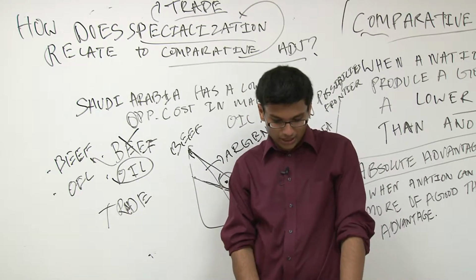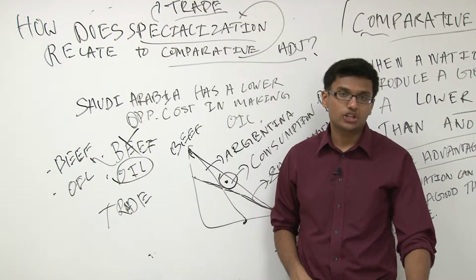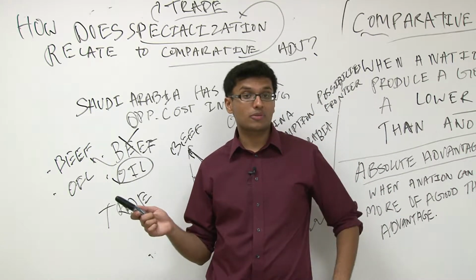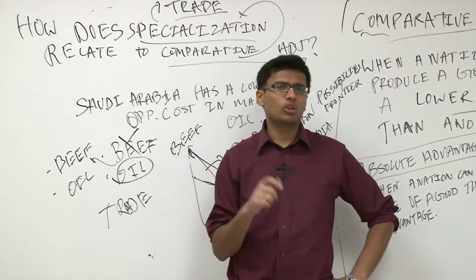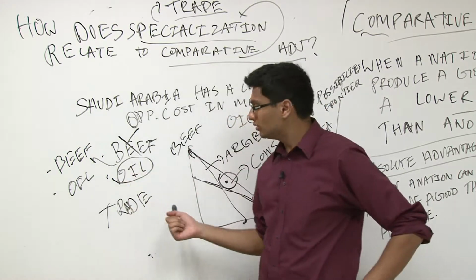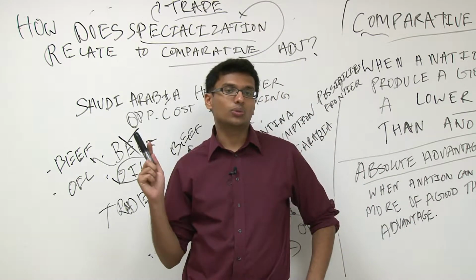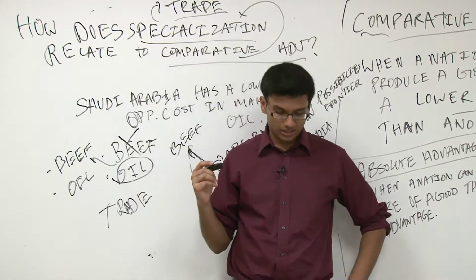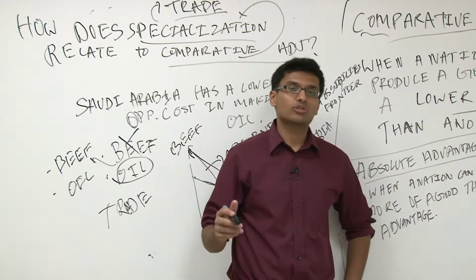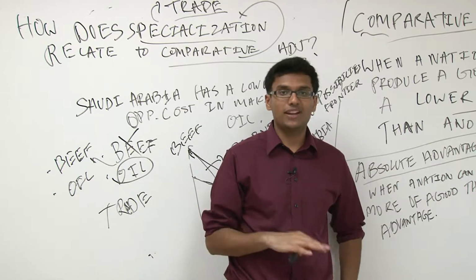Okay? In the previous example, we talked about India and China. We said, well, let's think about India. India had a lower opportunity cost in making cars, and China had a lower opportunity cost in making wheat. So in using this example, what do we need to do? India needs to trade their cars for wheat, and China will trade their wheat for cars, because both are able to take the lower cost advantage.